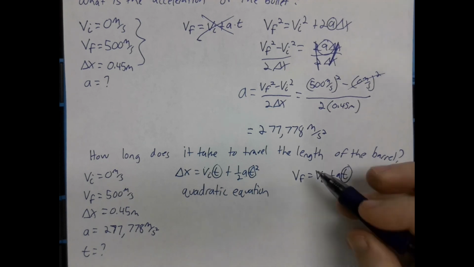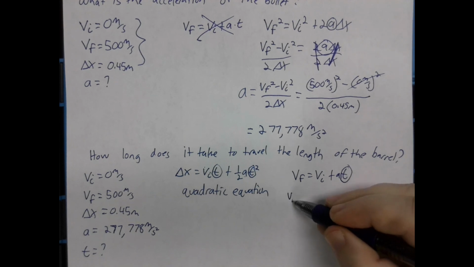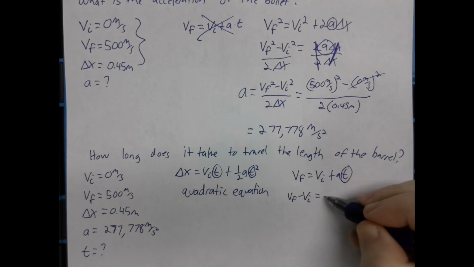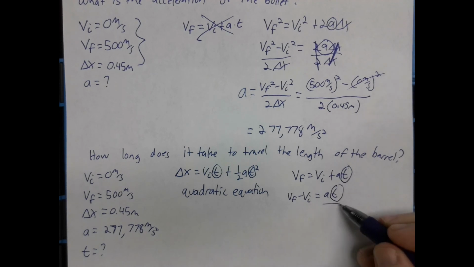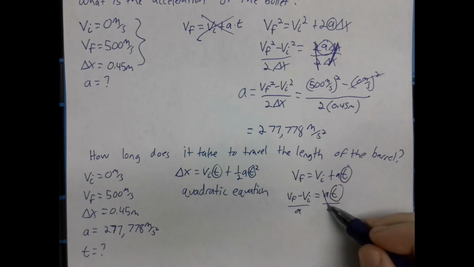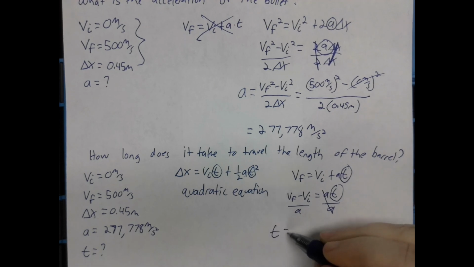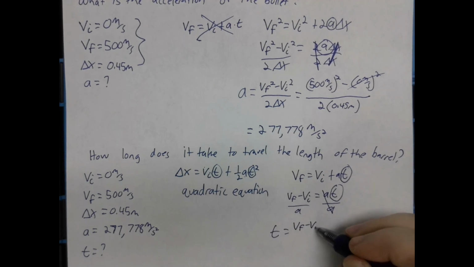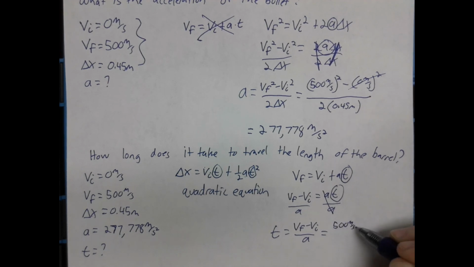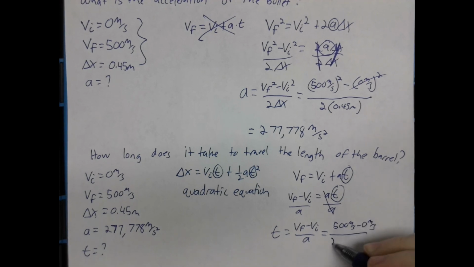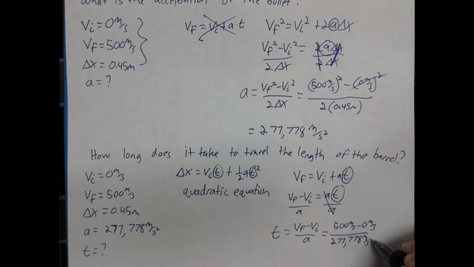So solving for t, we get Vf minus Vi is equal to A times T. Again, solving for T, now we divide by A. A's cancel out, so T is equal to Vf minus Vi over A. So that'd be 500 meters per second minus 0 meters per second over 277,778 meters per second squared.